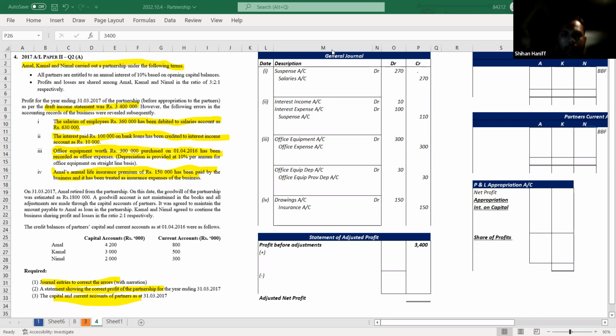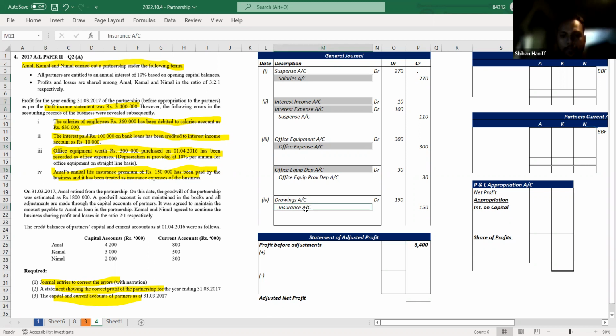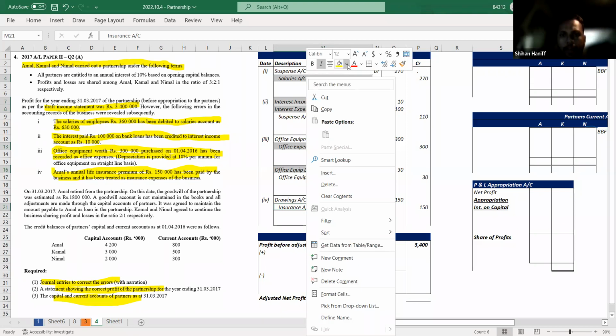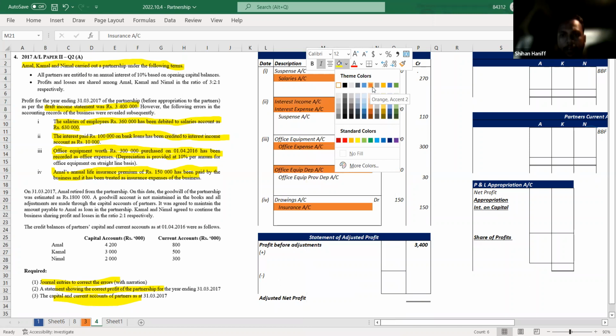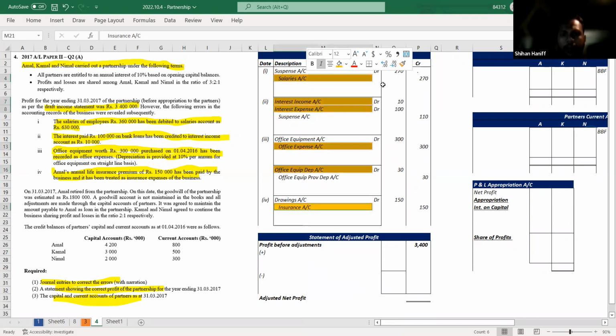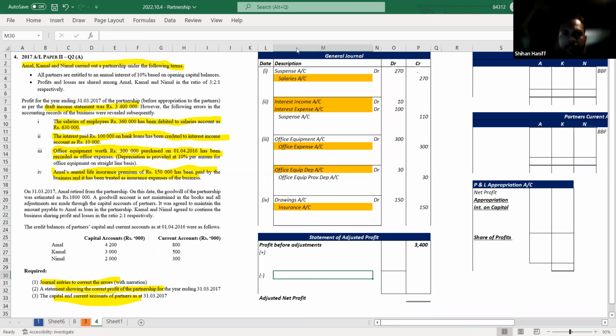Yes, income accounts and expense accounts. So identify here income accounts and expense accounts. Only the income and expense accounts, nothing else. Whatever I am highlighting here, these are the income expense accounts. This is an expense account. This is income, expense, expense, expense, insurance expense.